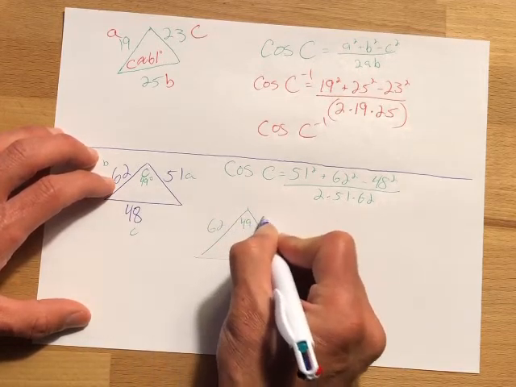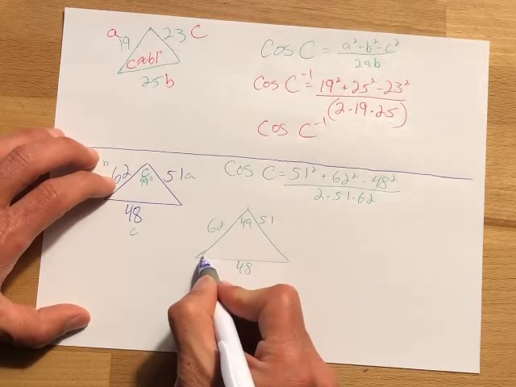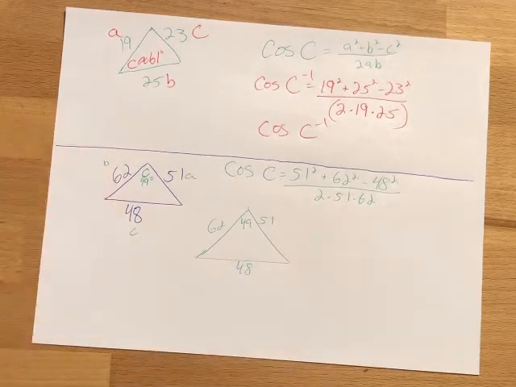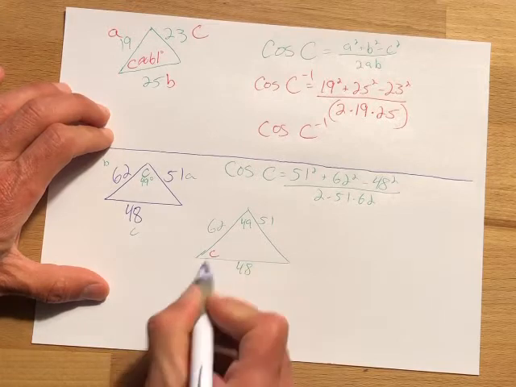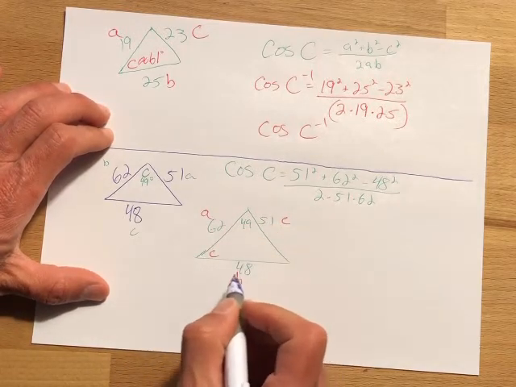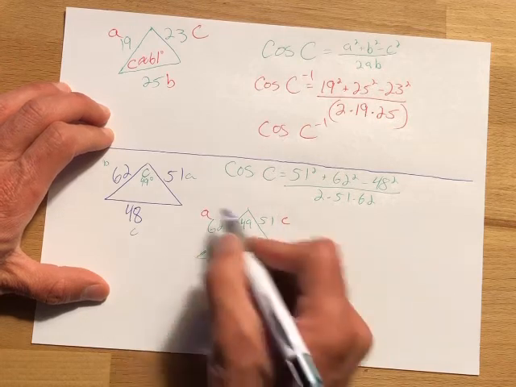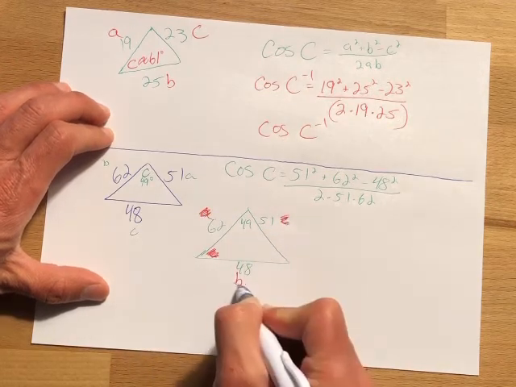So I'm going to redraw this triangle now: 62, 49, 51, 48. Now, the easiest way to find one of these angles, because I have to find everything, is to use the law of sines now. Oh, I'm sorry, the earlier labeling was for cosines, we don't need to do that.